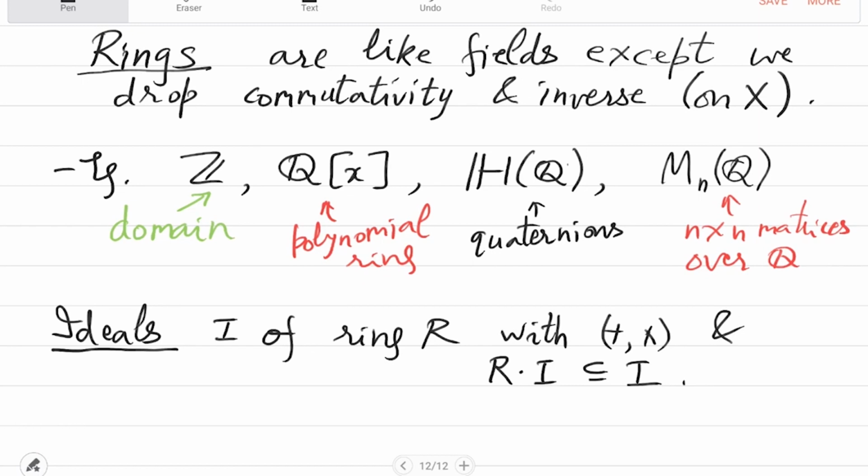The usefulness of this is not apparent, but you can show it as an exercise that you can now define ring elements modulo I. So it basically simulates division and remainders. That is an exercise.